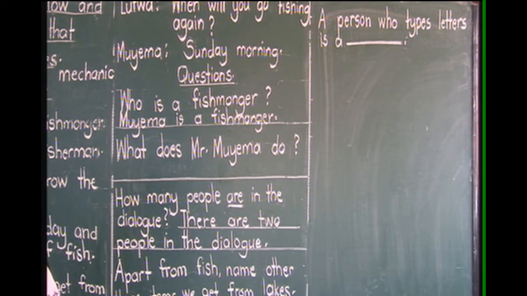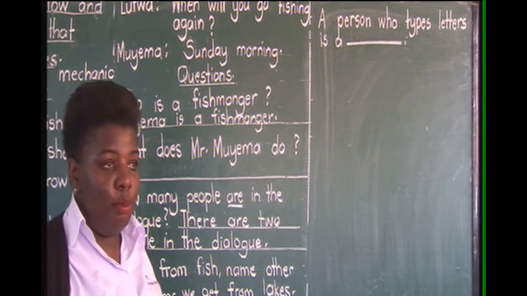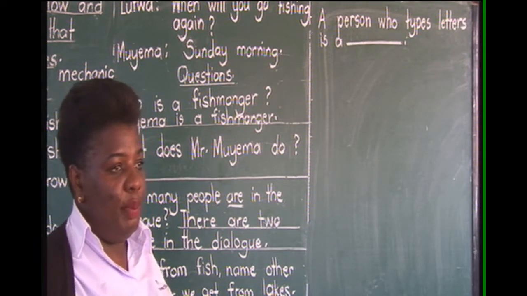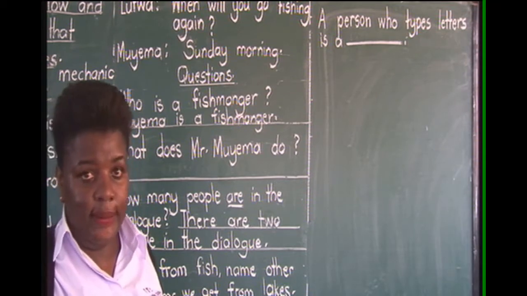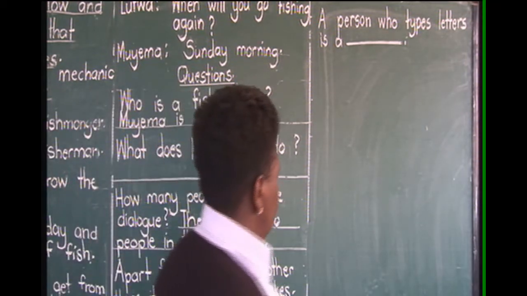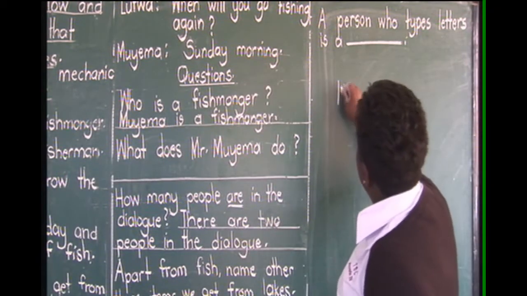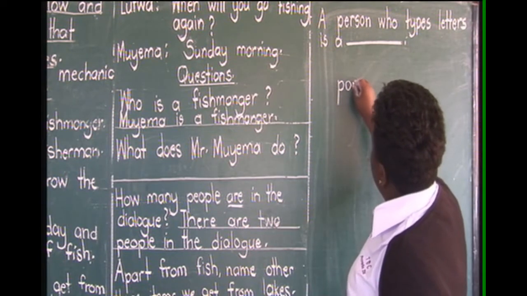And then we have a person who writes poems. A person who writes poems. When that person is a man, we call him a poet. Poet.